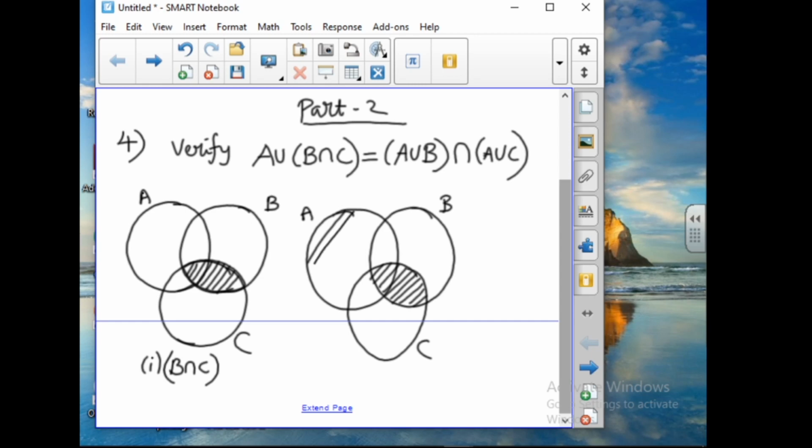That means you should shade the full A circle also. For shading you can use the scale and pencil. So this is your second diagram, A union B intersection C.